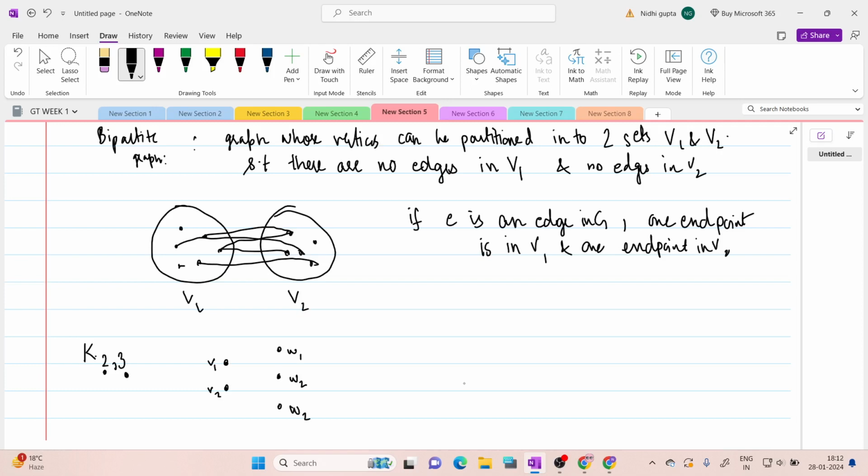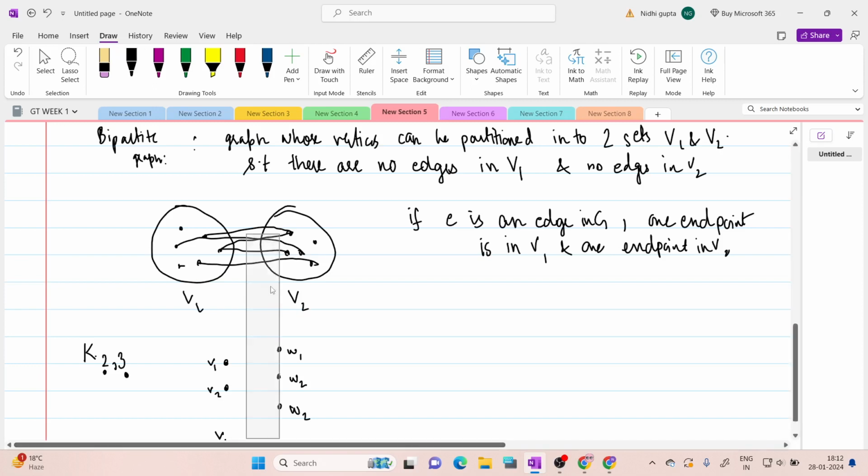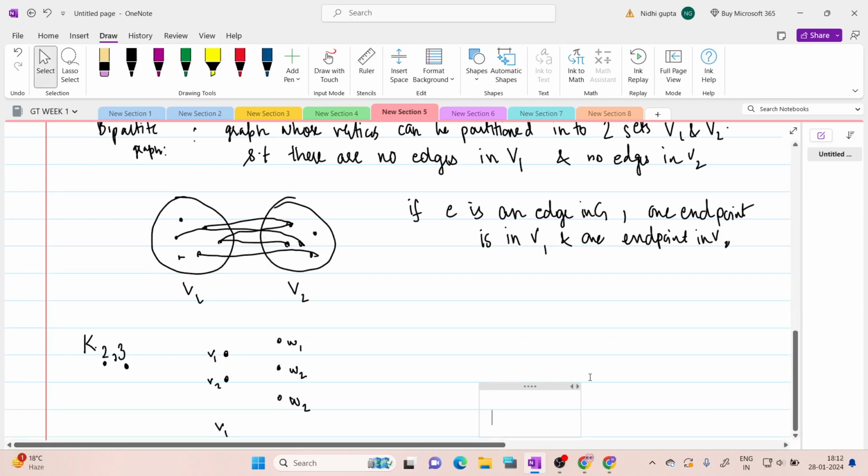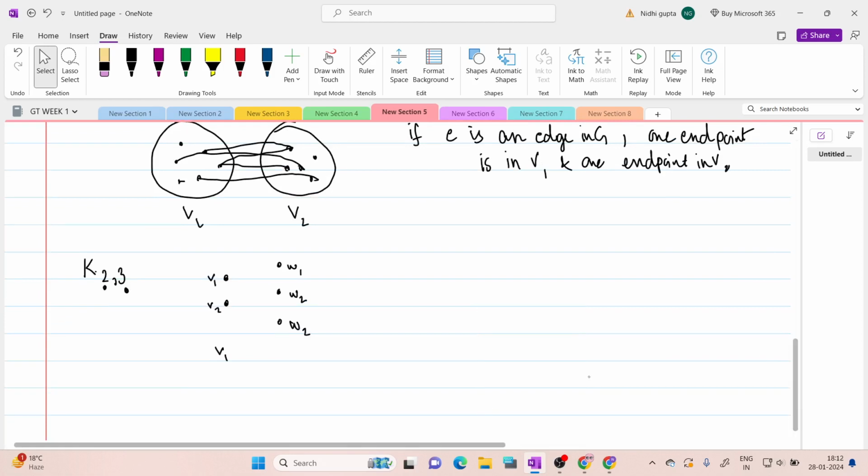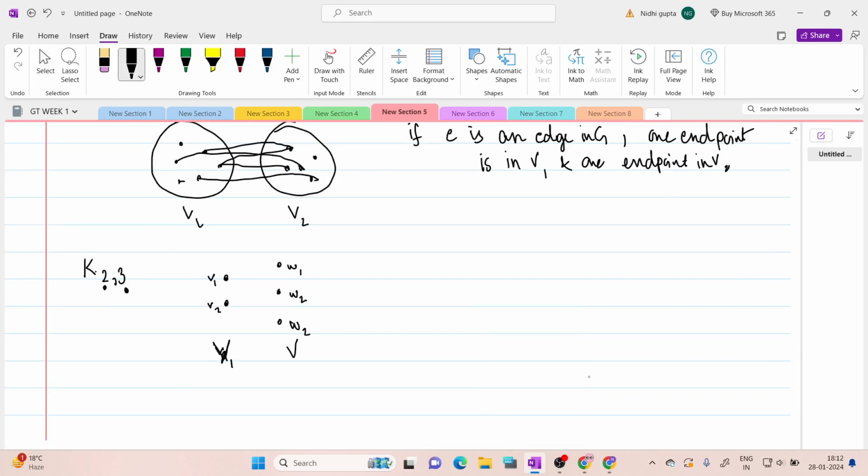Complete bipartite graph means that every vertex of V1 is connected to every vertex of V2.